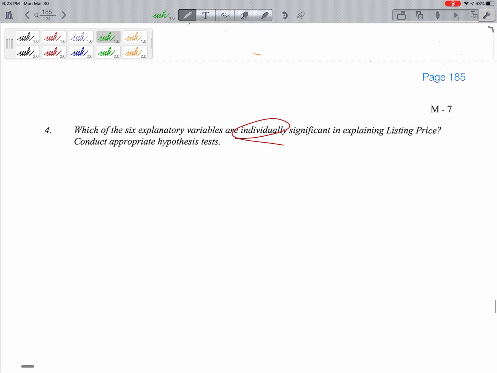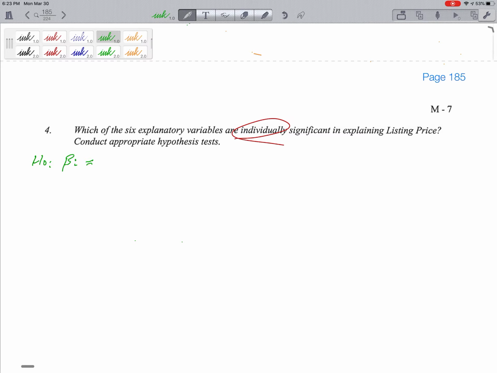So let's go down here then, and we're going to do the hypothesis test. Now there's actually 6 different hypothesis tests that we're doing here. And so the first one here then is, actually I'm going to do them all together.